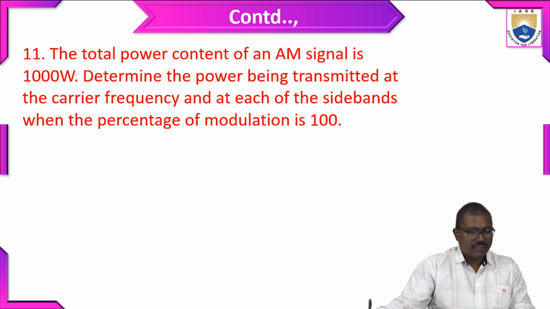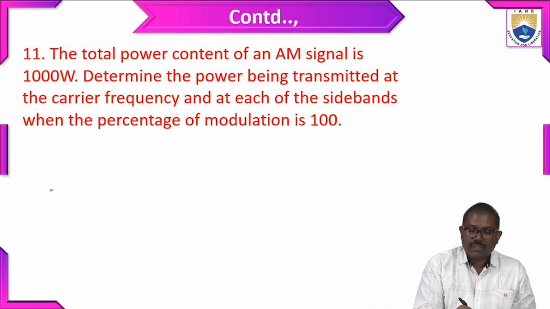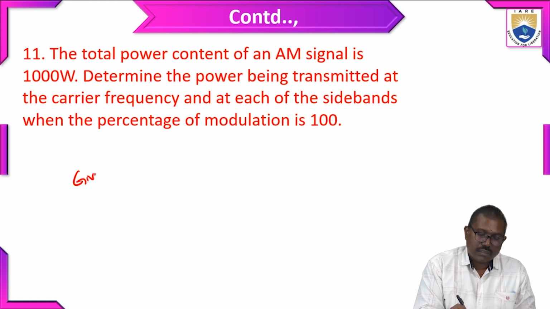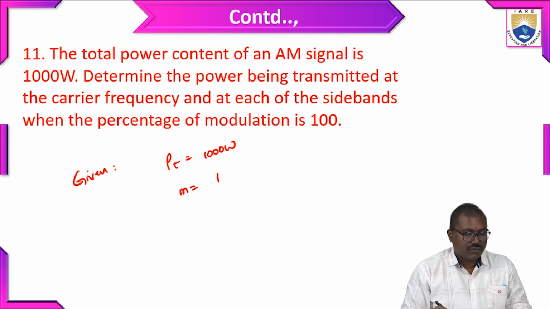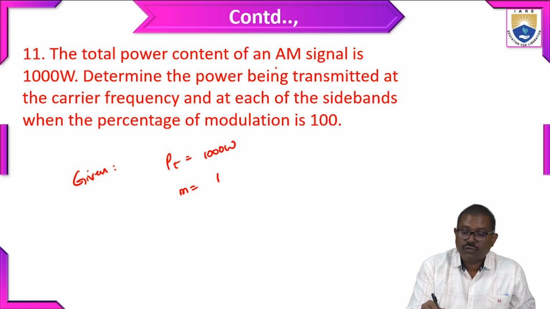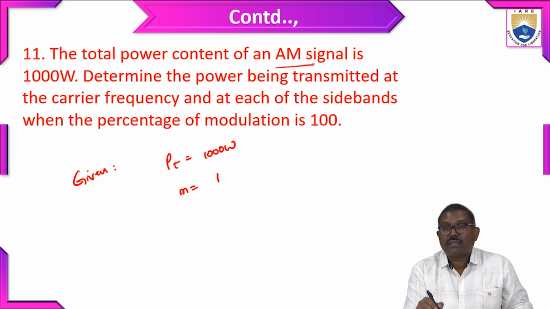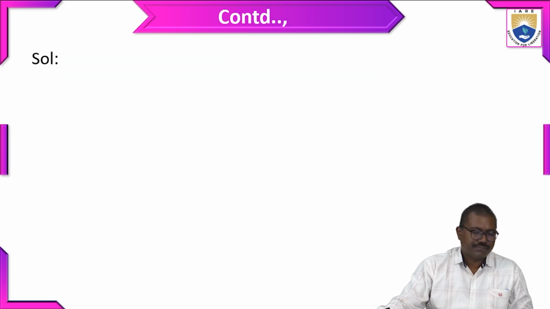Okay. So here you can write the given data first. So given data is PT is 1000 watt and mu equal to 1. Okay. So this is the given one. So for which signal we are going to find this power? AM signal. Okay. So let us start the solution.